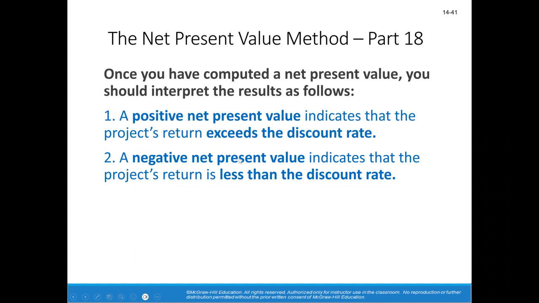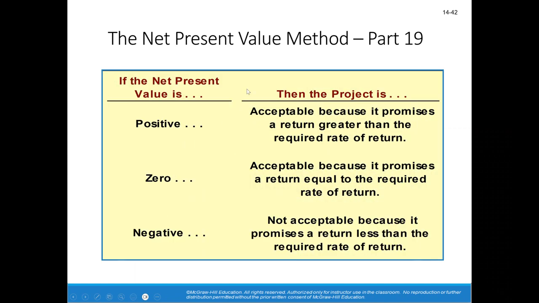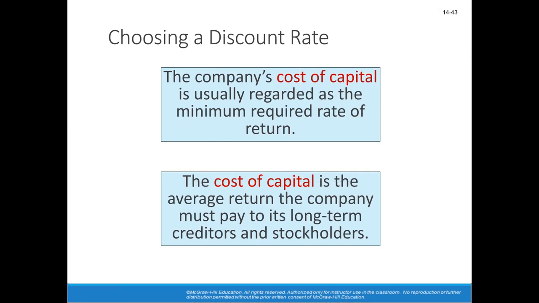A negative means we're getting a poor return. So if the net present value is positive, it's acceptable because it promises a return greater than the required return. Zero is acceptable because it is giving you the rate that you require. Negative means it's giving you a rate less than what you require, so you should not accept it.